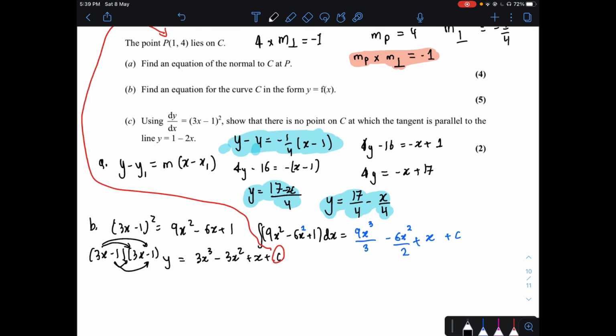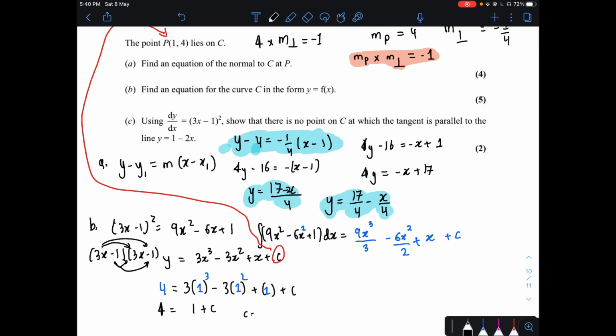If we substitute 1 and 4, the y is 4, the x is 1. I'm just going to change the color so it's much more obvious. This is 1, this is 1, this is 1, this is squared, this is cubed. So we know that 4 equals, 3 minus 3 is 0, so this is 1 plus c.